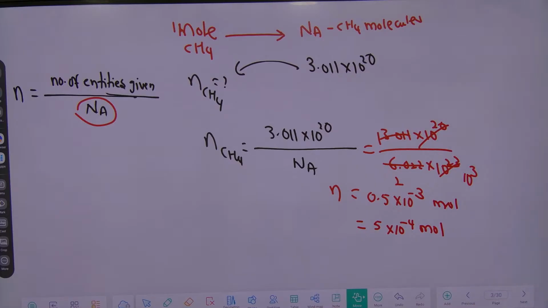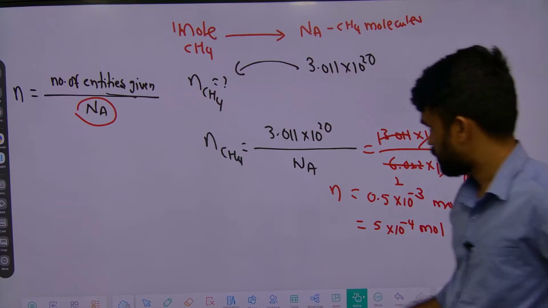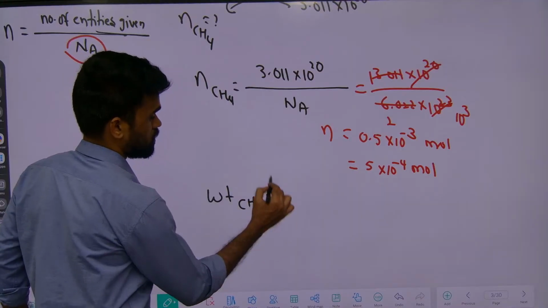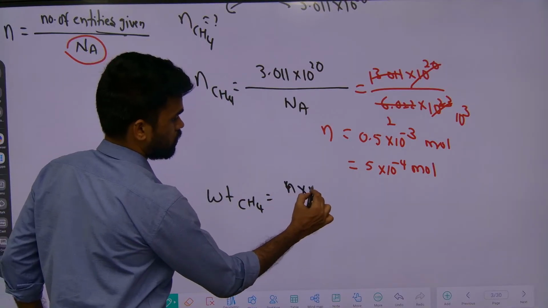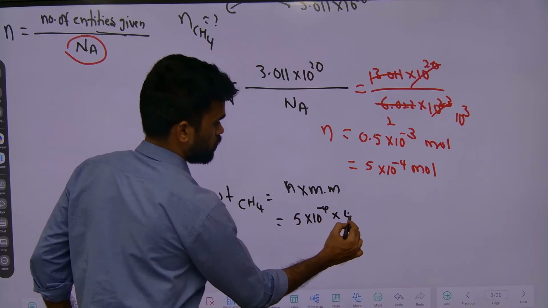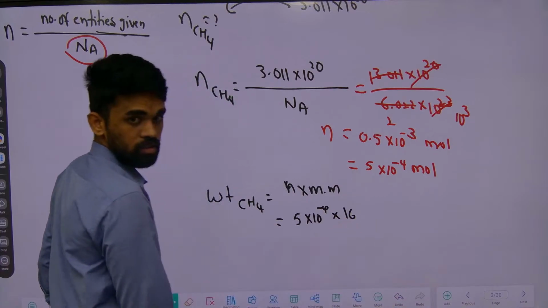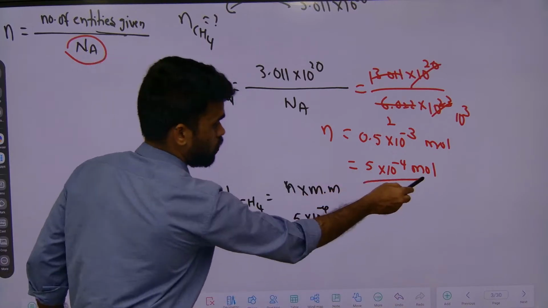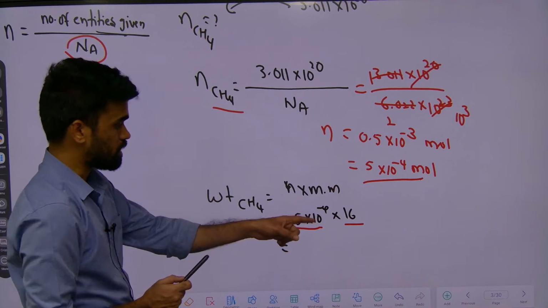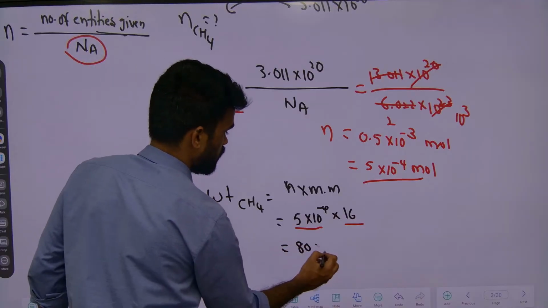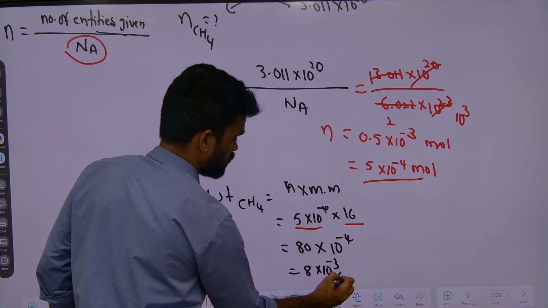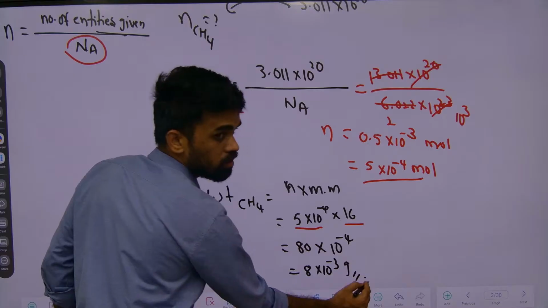So weight of methane means n into molar mass: 5 into 10 power minus 4 into 16. What is the molar mass of methane? 16. 16 into 5 is 80, so 8 into 10 power minus 3 grams. That's it.